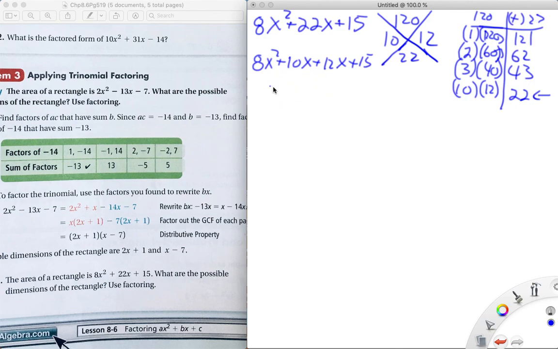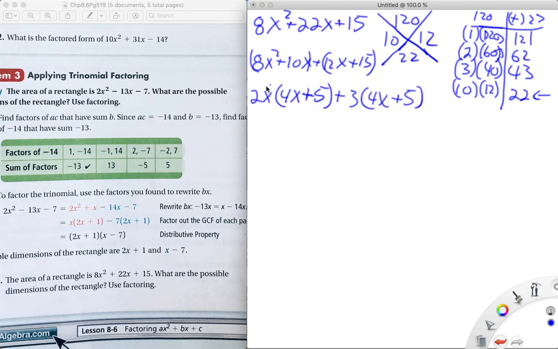I can divide this by 2x, which gives me 4x plus 5. I can divide out here a 3, which gives me a 4x plus 5.